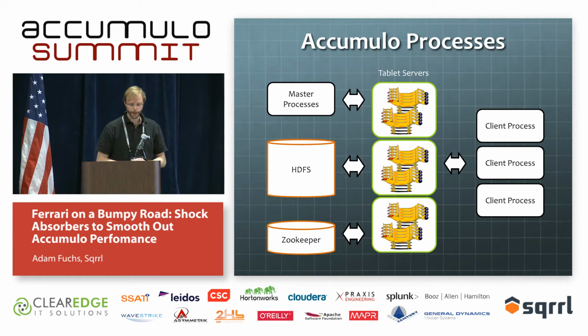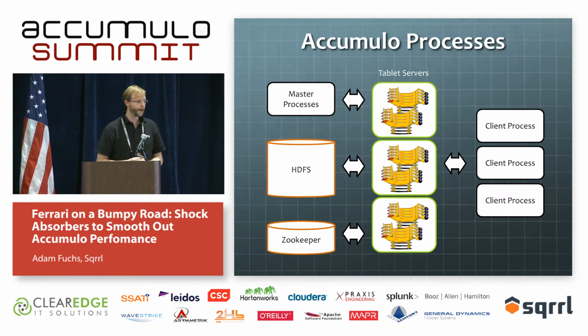On the back end, you've got master processes that deal with load balancing and garbage collection and making sure everything stays online. We've got HDFS, which is used to store our data and also our write-ahead logs. We'll talk much deeper about that. And then Zookeeper is there to provide a quorum consistency model and is kind of the root of stability in our cluster.